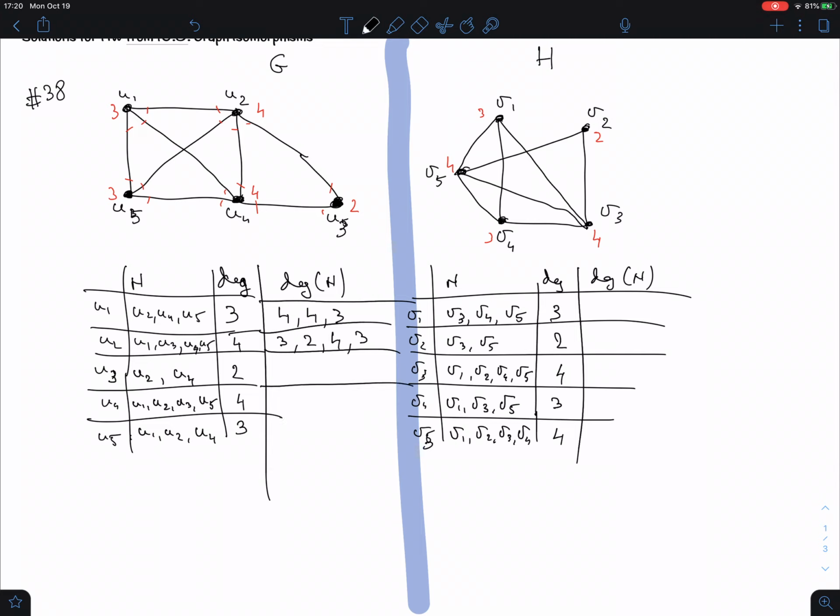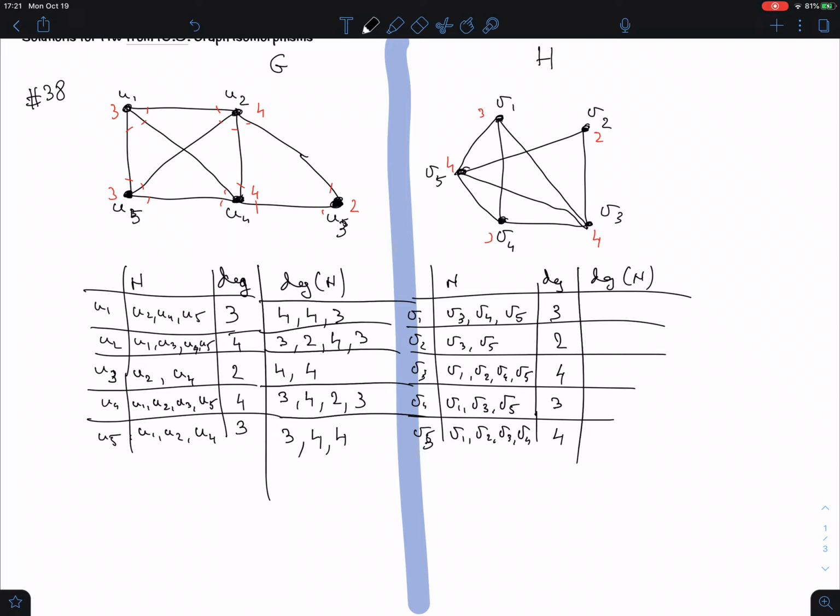Okay. U2 has degree 4, and U4 has degree 4. The neighbors of U4 are U1, which has degree 3, 4, 2, and 3. And finally, the neighbors of U5, U1 has degree 3, U2 has degree 4, and U4 has degree 4.